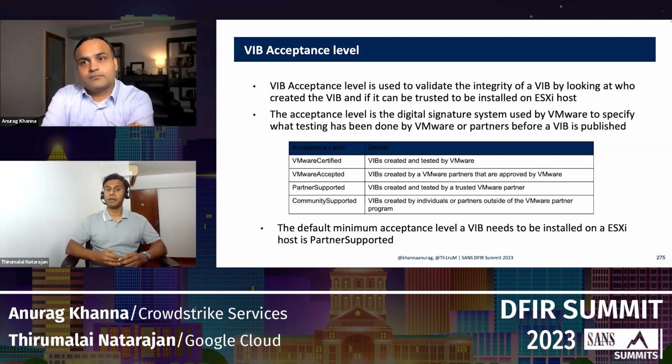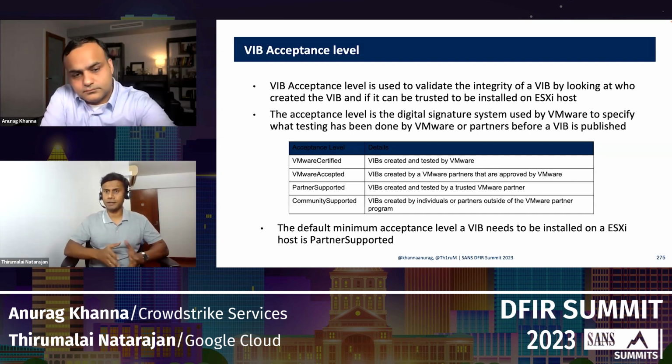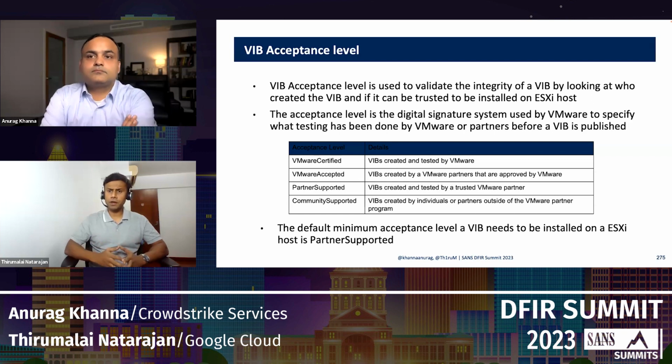Partner supported VIBs are created and tested by trusted VMware partners, and this is the minimum acceptance level configured in the ESXi host by default. Community supported VIBs are created by any individuals or partners outside of the VMware partner ecosystem. At any given time, administrators can change the minimum acceptance level to any of these values.